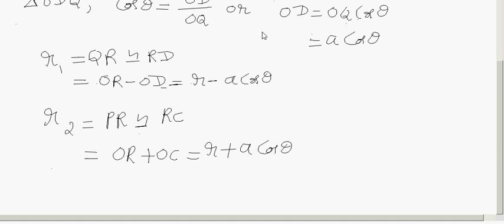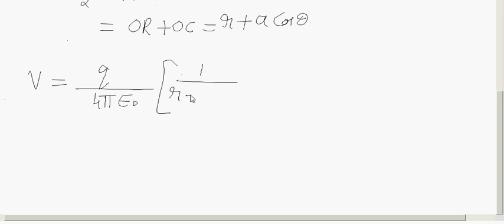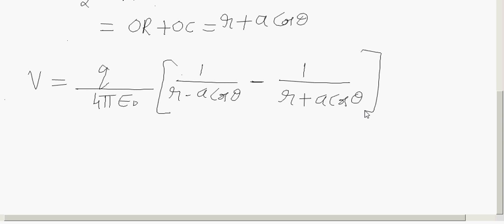So now we can write the electric potential V, substituting the values of R1 and R2. V equal to q divided by 4 pi epsilon naught into 1 divided by R minus a cos theta minus 1 by R plus a cos theta. Now let us simplify this.